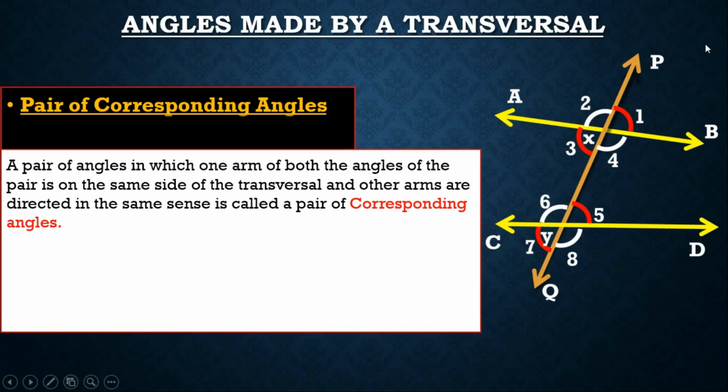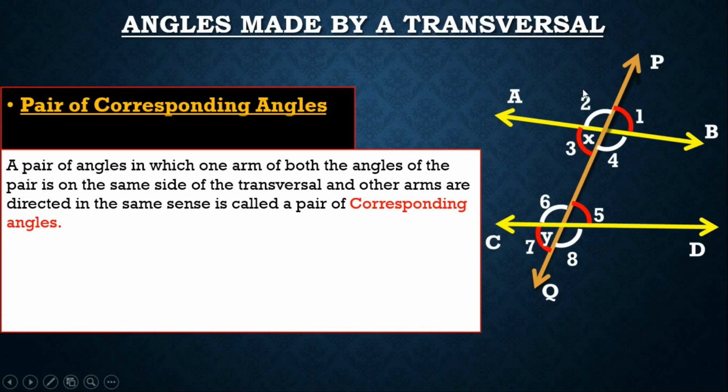So see here, if we consider angle PXA and angle XYC, we know that each angle has two arms.